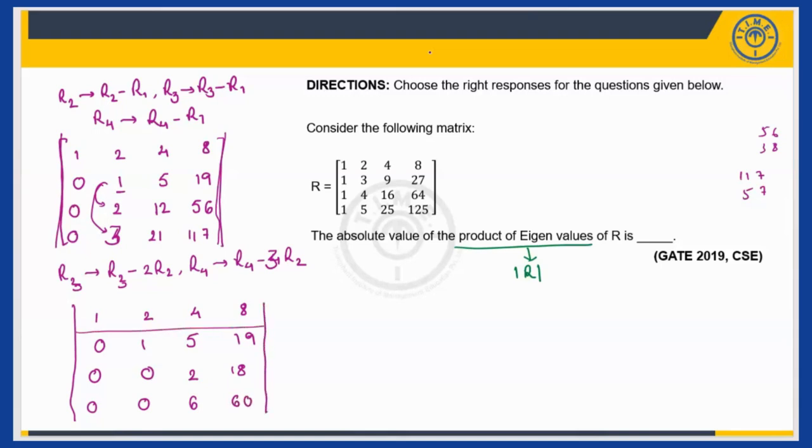Now take out the first row, first column, second row, second column. So the determinant of this, there is 120 minus 108. So then that is equal to how much? 12 is the answer.